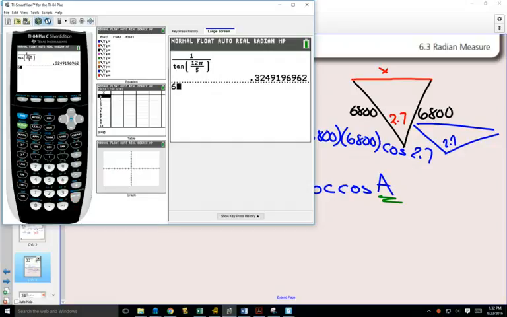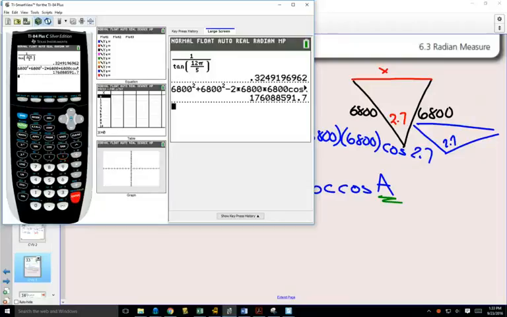So I go 6,800 squared plus 6,800 squared minus 2 times 6,800 times 6,800 cos 2.7. Because we have all of those values, we can type all of those in all at once. My calculator's in radians. I can push enter.